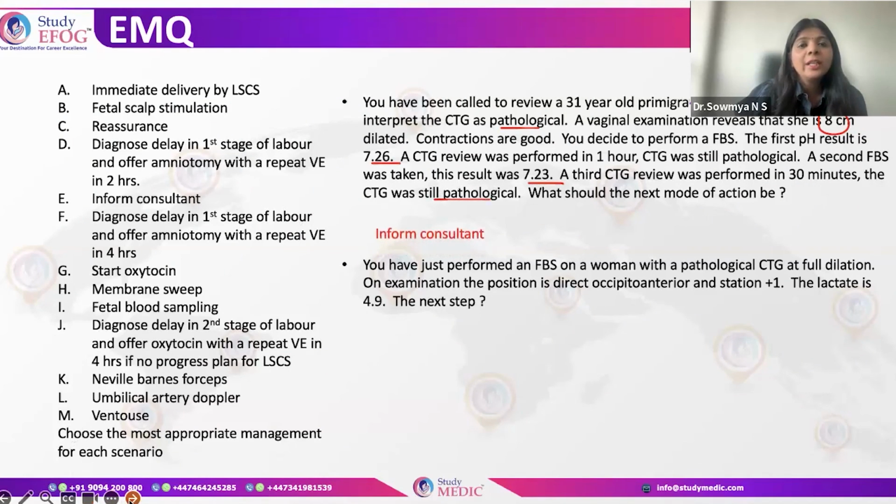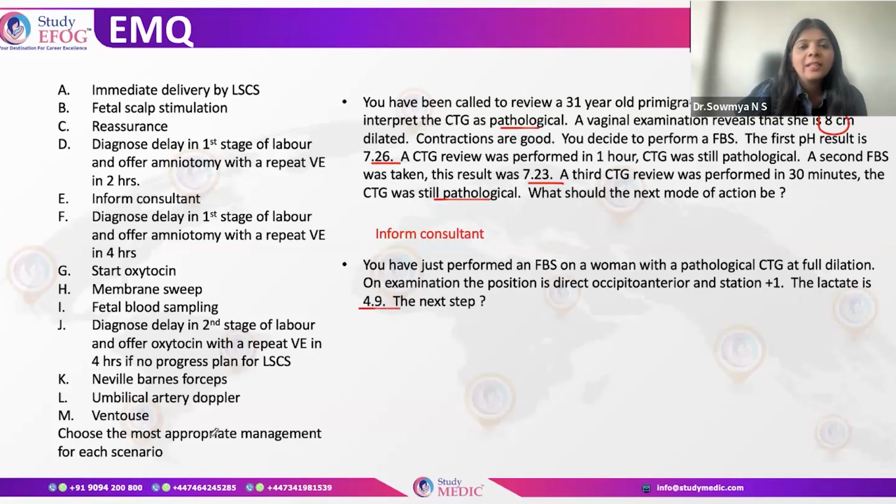So you are dealing with a situation where the FBS values do not correlate with the pathological CTG. So it is always mentioned that when two FBS go this way and the CTG still remains pathological, before going for a third FBS, you have to inform your consultant.